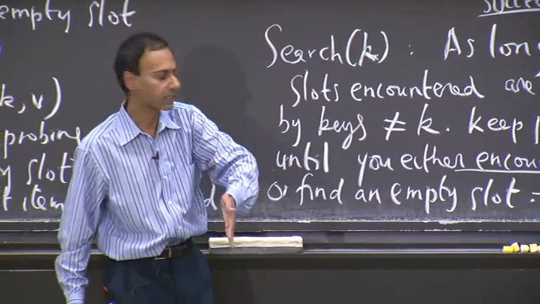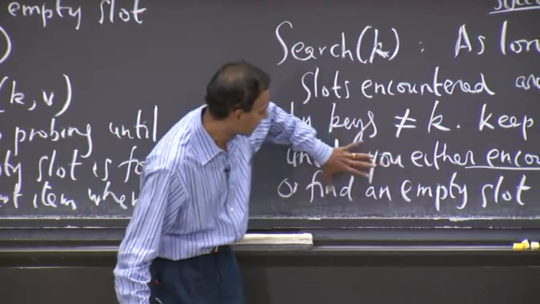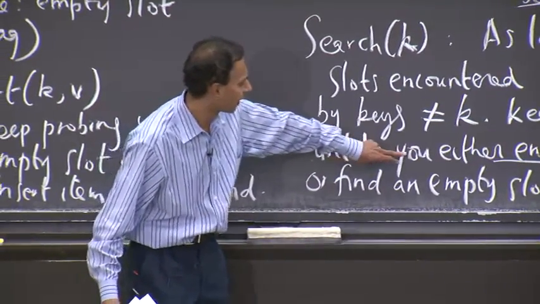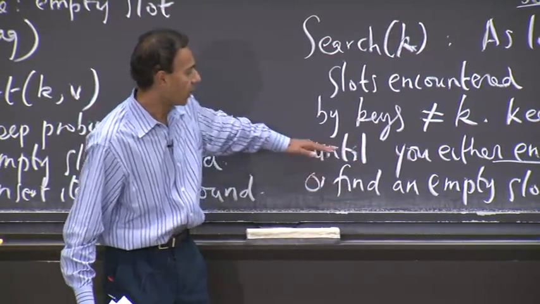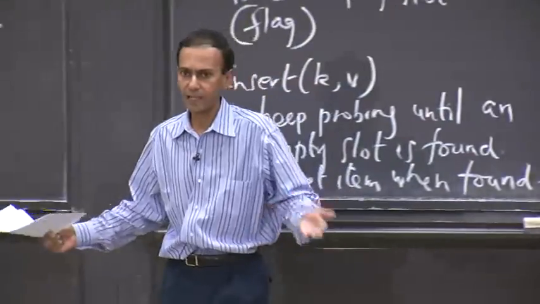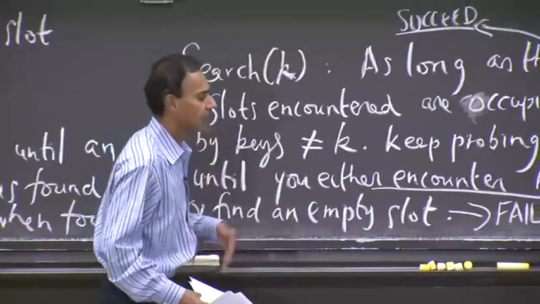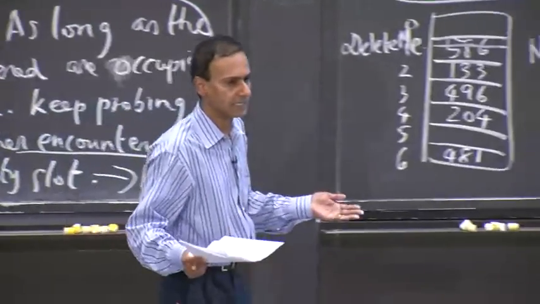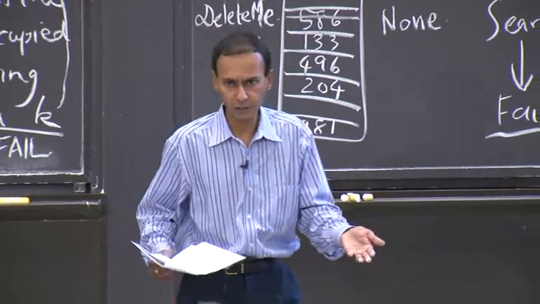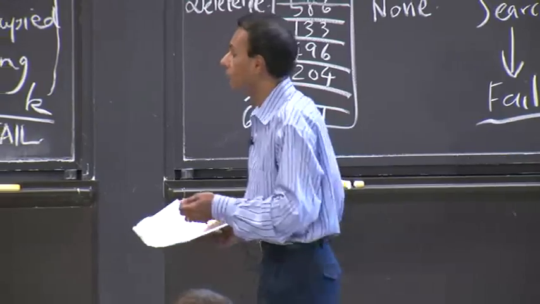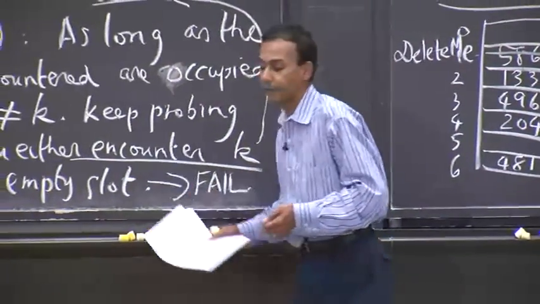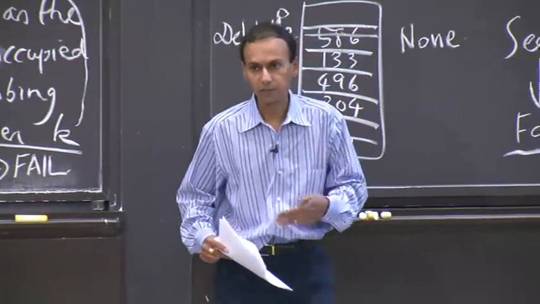That's the important thing. So I guess it does change, because I assumed that you have only 2 cases here, but what you really have now are 3 cases. When you're doing the search, you encounter the key, which is the easy case, and you return the value. Or you could encounter a delete me flag, in which case you keep going.